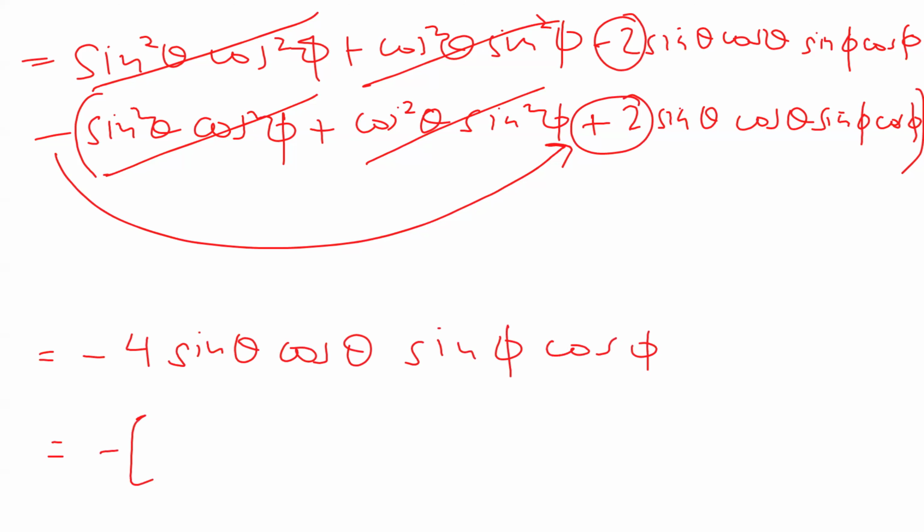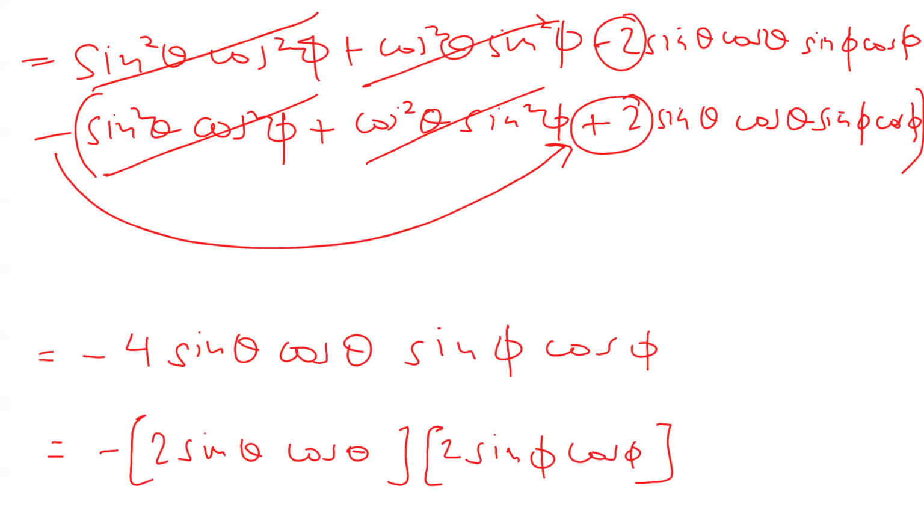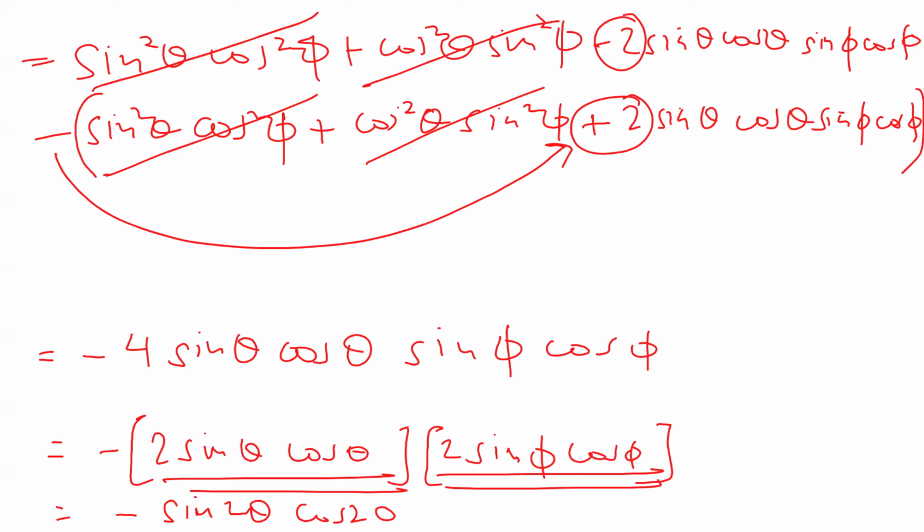So take the minus sign outside and see how I'm writing now: 2 sine theta cos theta, 2 sine phi cos phi. This is the double angle formula, which is in exercise number 3. 2 sine theta cos theta is sine 2 theta and 2 sine phi cos phi is sine 2 phi. Okay, and we get the answer as negative over here. Fine.